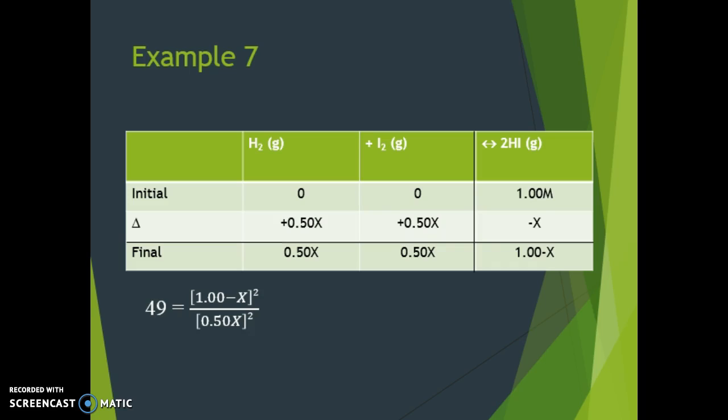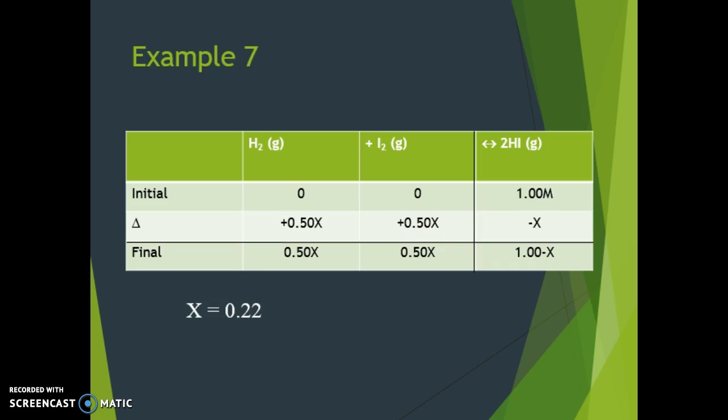Again, algebraically, what I would do here is square root both sides to get rid of those squares. So you would have 7 equals (1 minus x) divided by 0.50x. And then it's some simple algebra to solve for x. Again, I'll let you go through that. You might want to pause the video at this point, work through your algebra, and make sure that you come up with the same answer that I'm about to.